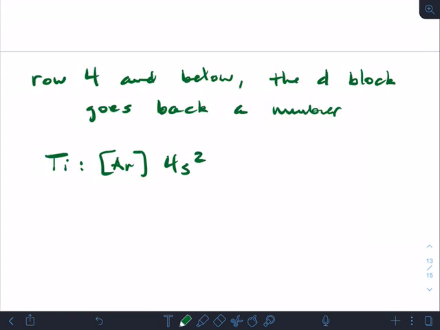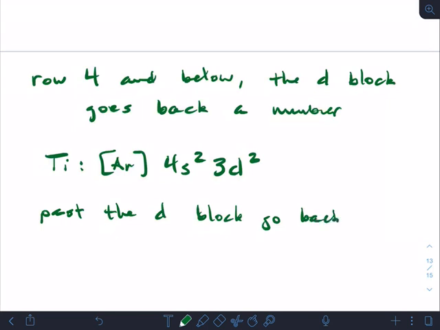And then titanium, when I hit the d block, I have to drop down to a principal number of 3. So then it becomes 3d2. Okay? I'm still just reading left to right, but when I hit the d block, I have to drop down a number. Okay? Now, when I get out of the d block, I go back up. So past the d block, go back up.